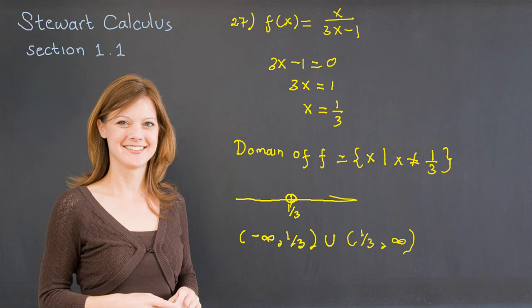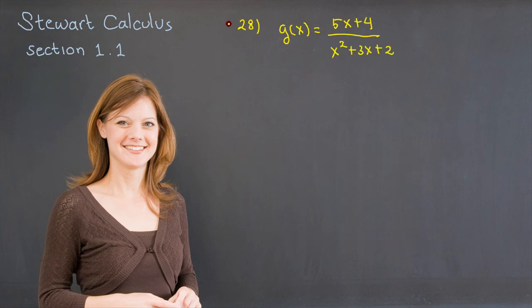Okay, let us see the next problem. Problem number 28. We have g of x equals 5x plus 4 divided by x squared plus 3x plus 2. By the same reasoning as before, the only way g of x does not make sense is whenever the denominator equals 0.